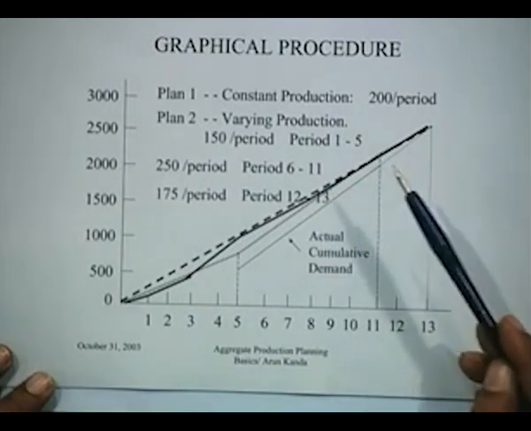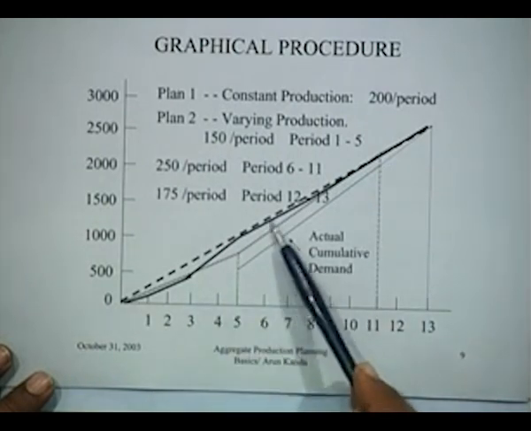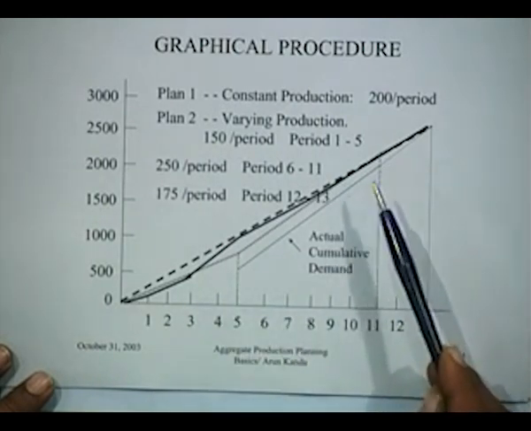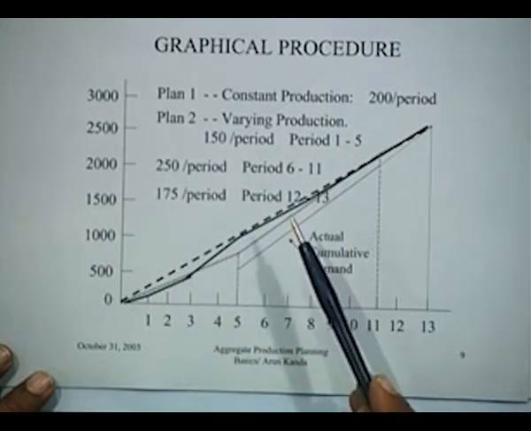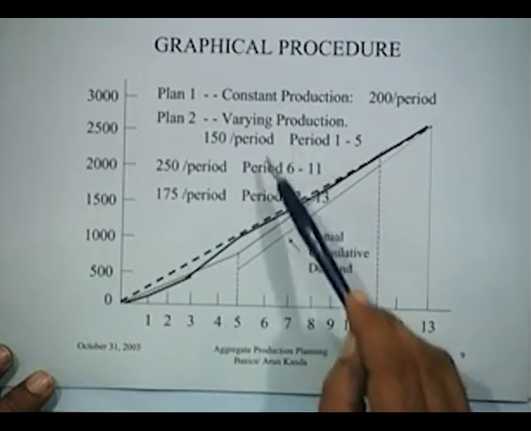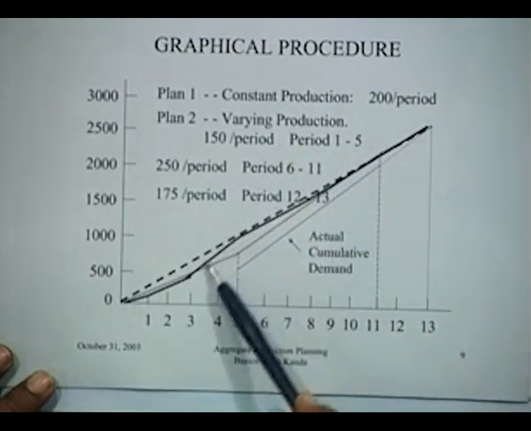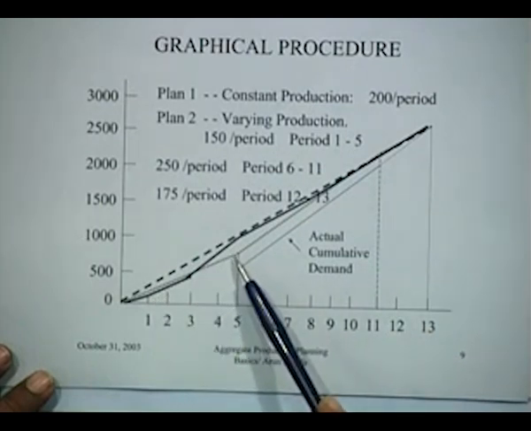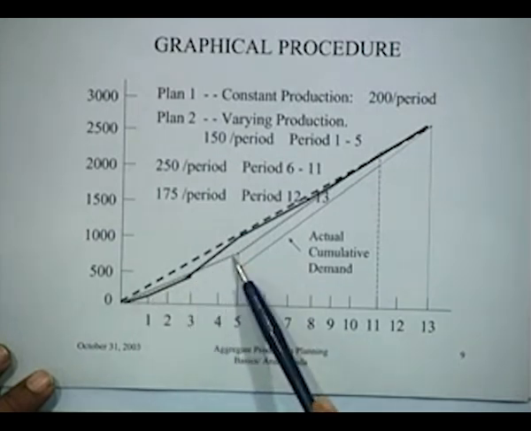Now, the intermediate plan could be that rather than changing the production rate every period, we have a minimum number of changes. Looking at this curve, you might find that it is going up here. You could have a policy that, let us say, up to the 5th month I maintain a constant production rate.